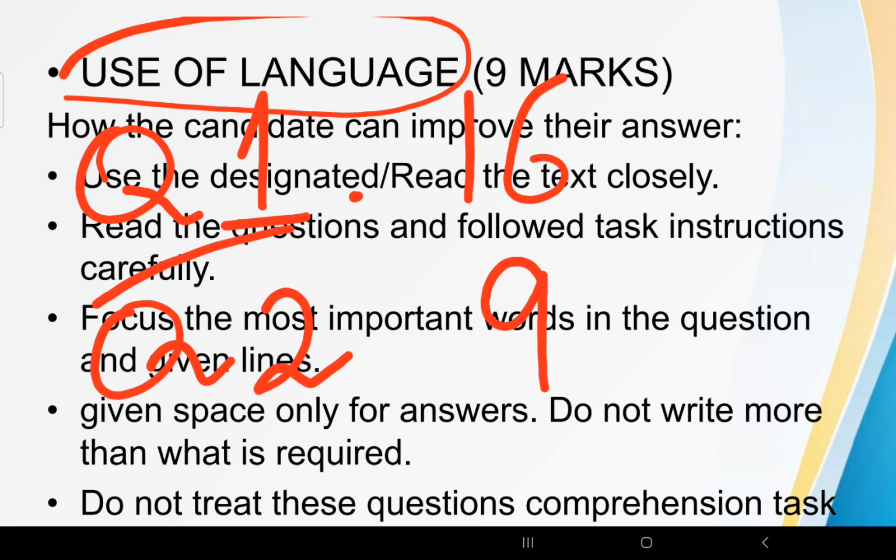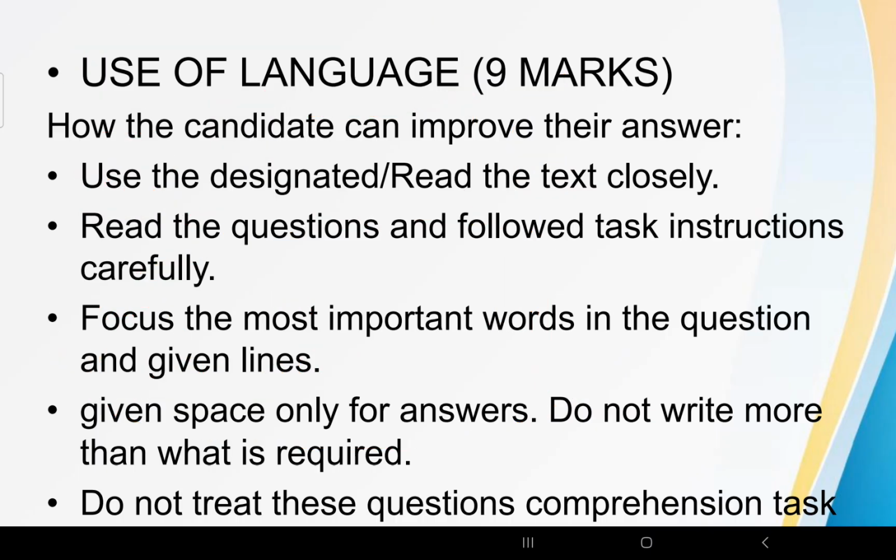Today we are going to talk about these 9 marks, and remember, this use of language task is totally different from the first one, that was the comprehension task. When you are doing it, you just have to analyze the use of language.